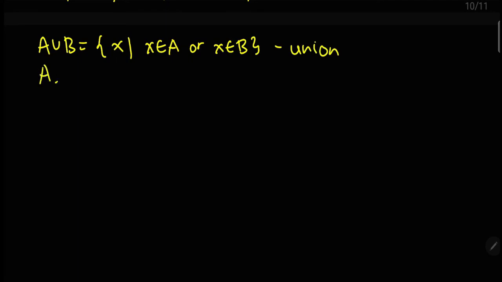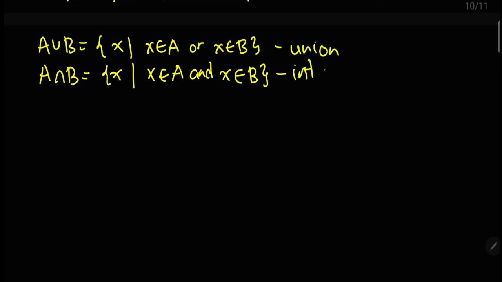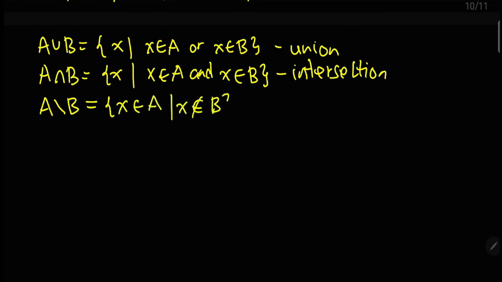Now, A intersection B is the set containing all X such that X is in A and X is in B. That's the intersection. And lastly, the third operation, A except B, is the set of all X in A but not in B. That's the complement.